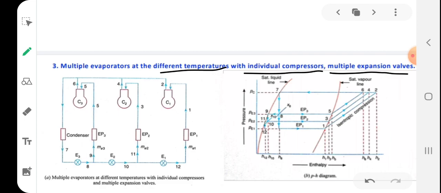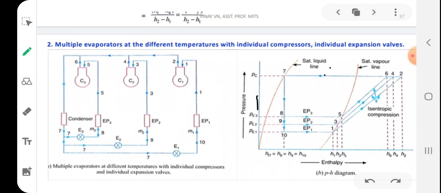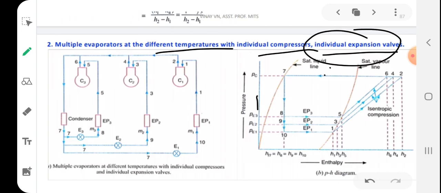So students, what is the difference between this third type and the second type you have studied? I will show you the second type. In the previous class we studied multiple evaporators at different temperatures with individual compressors and individual expansion valve. That's the important point: it was based on individual. Each evaporator has its own expansion valve.